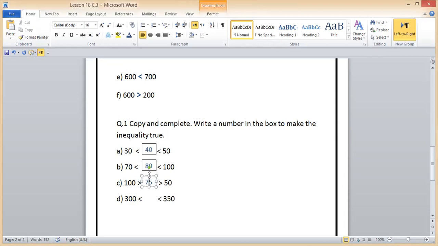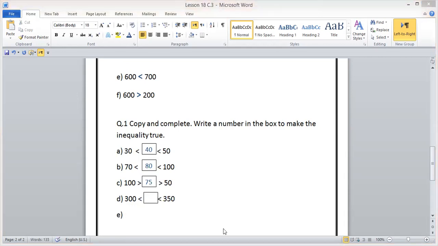What should I write here? It should not be 75. And then for E, guys, what is E? 180. 100 greater than 80.